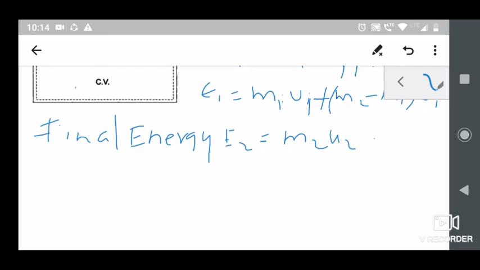So for that case, you have some mass which is allowed to flow in, so you have flow work. Okay, so what is flow work? Let us try to calculate the flow work.